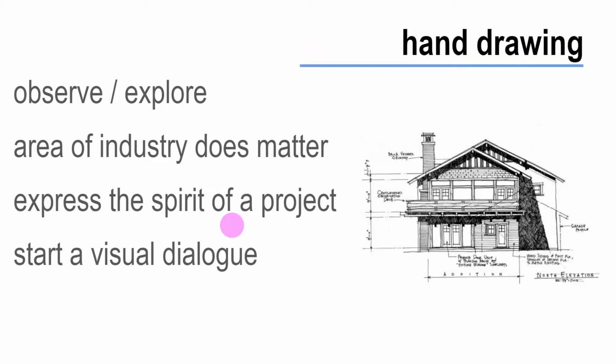It used to be that hand drawing was the way that we did everything. From the reading that you hopefully did for homework, you saw the perspective of how back in the 60s, 70s, 80s, even as recently as the 90s, people were focused towards hand drawing.